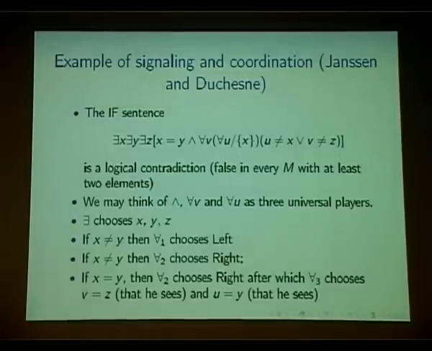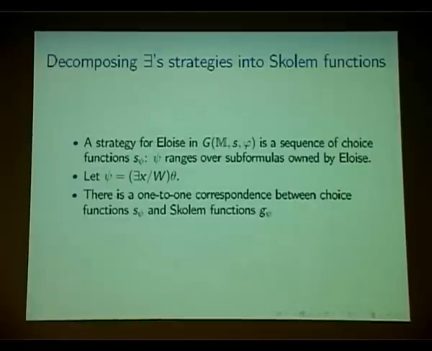So you have a similar phenomenon: at the level when Abelard has to choose for the disjunction, he sees all the moves by his opponent, but then his partners later on exploit this fact. And so this is the phenomenon of signaling. I'm not going to run over that topic, decomposing a strategy into Skolem functions.